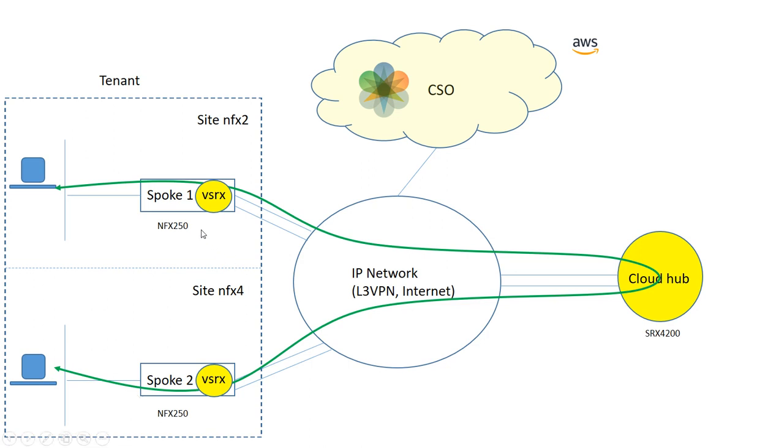For that, we use universal CP device from Juniper, which is NFX 250. On NFX 250, CSO is going to push a virtual SRX, which is a next generation firewall from Juniper Networks.